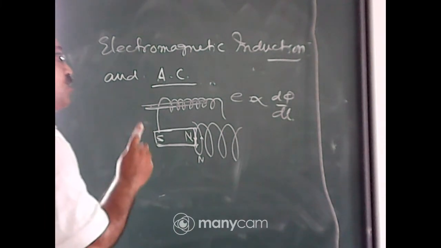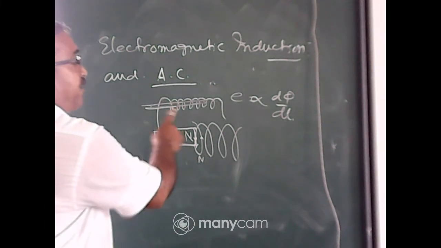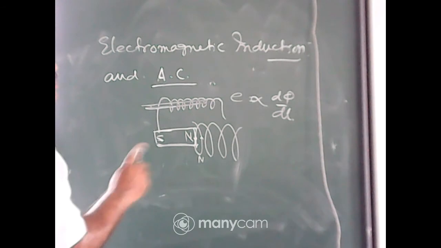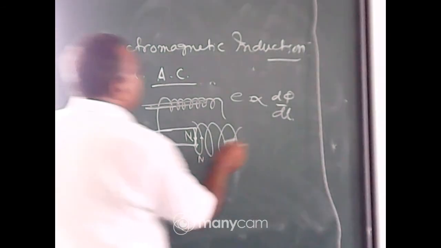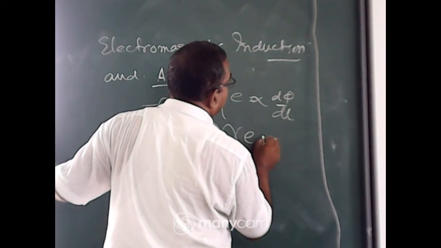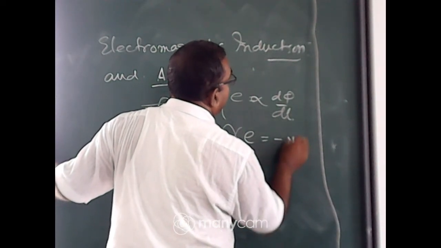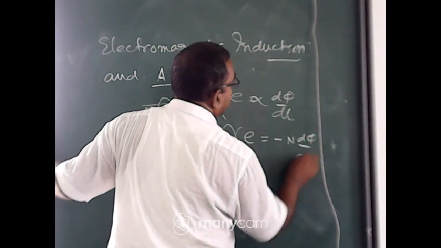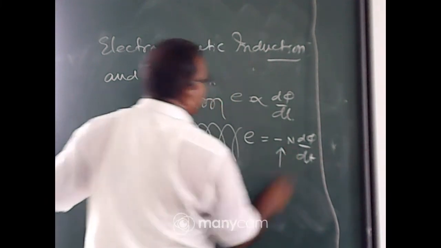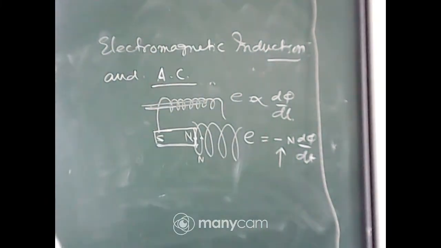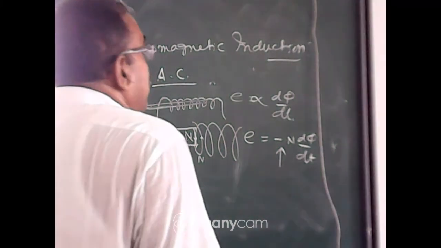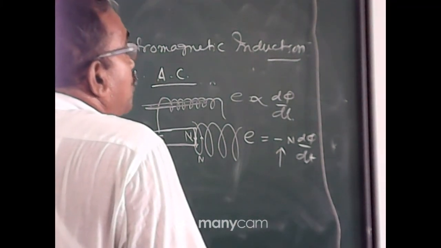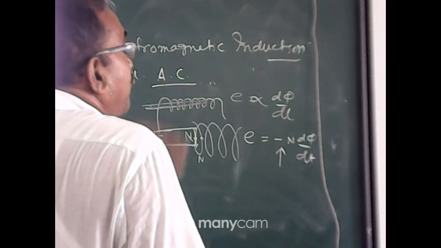So the induced EMF direction is opposite to the direction of its motion. So this is the correction by Lenz, that is equal to minus n into d phi by dt. This minus sign indicates the direction is opposite. So you know it, the Faraday law opposes the cause of induced EMF.